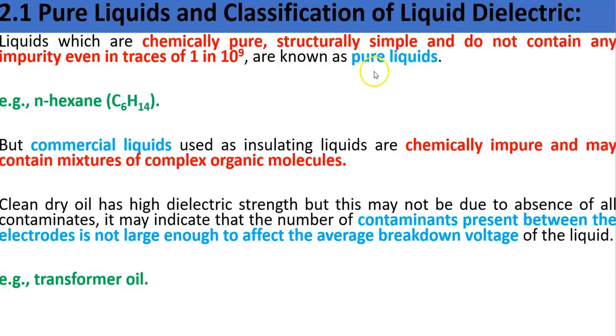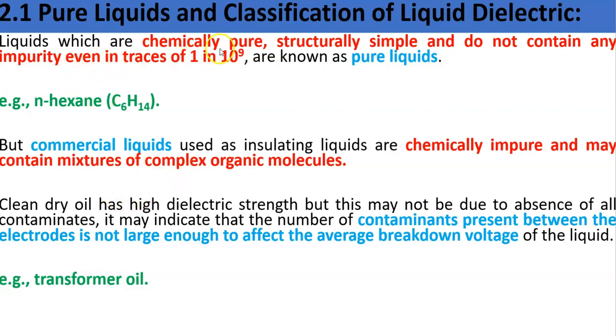But we can also have second-grade pure liquid. So that is also one of the classes: pure liquid, commercial pure liquid, and commercial liquid, or you can say impure liquid. Some liquid will not have any impurity and is very pure. But some liquid, commercially it is called pure liquid, but it might have some impurities somewhere else, not in all the liquid. Here you can see two classes are given.